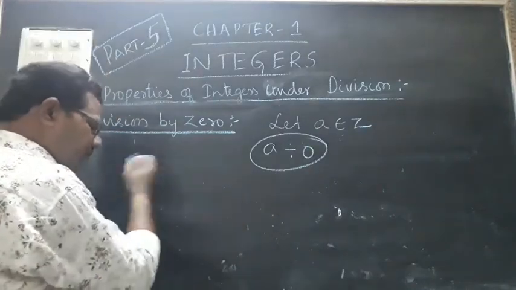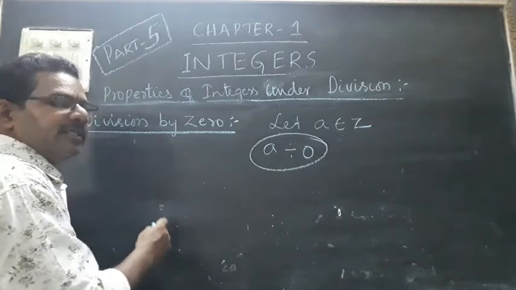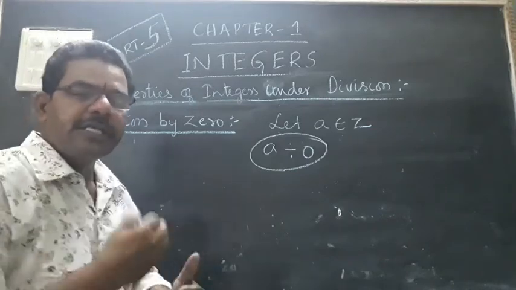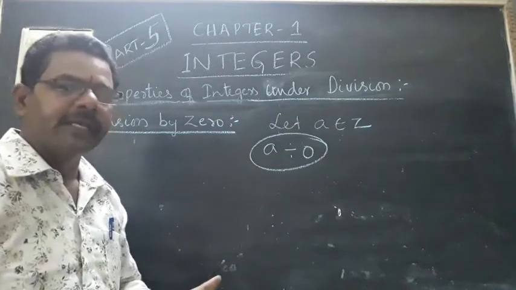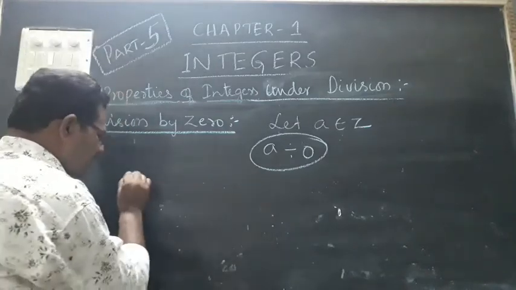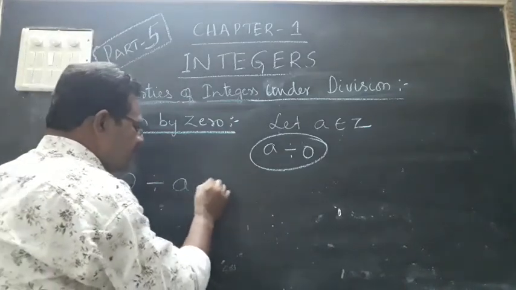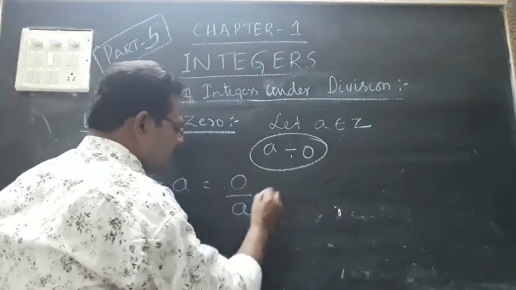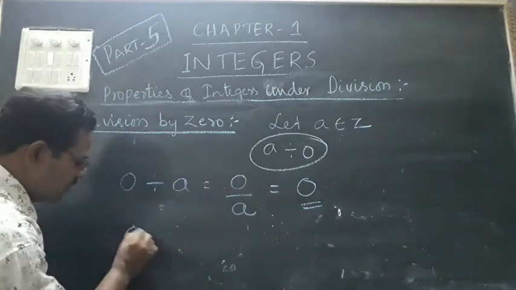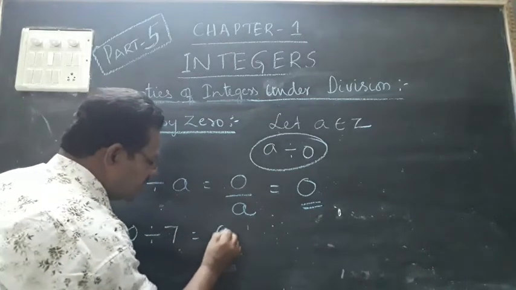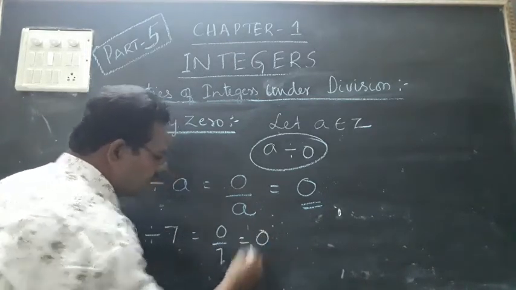Okay. For any integer, it is true. Now 0 divided by any integer, that we shall see. 0 divided by a means 0 by a. 0 by anything is equal to 0. 0 divided by 7 is equal to 0 by 7, which is equal to 0.